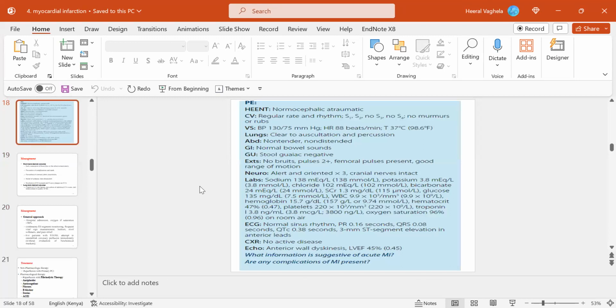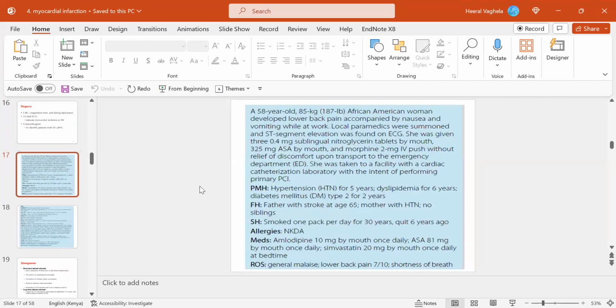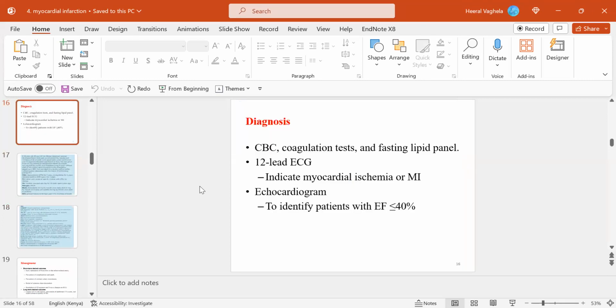Okay, so what would be the treatment? The treatment for STEMI, or for both, or whichever one works.